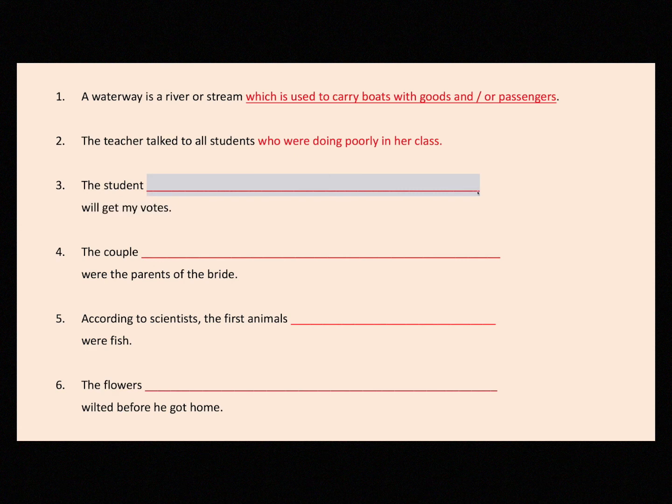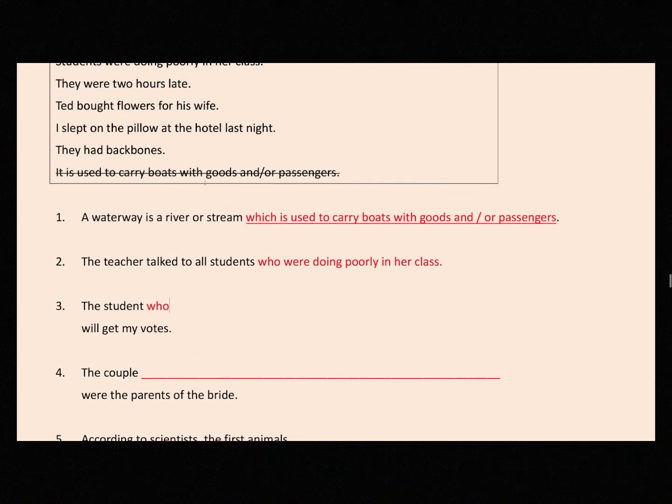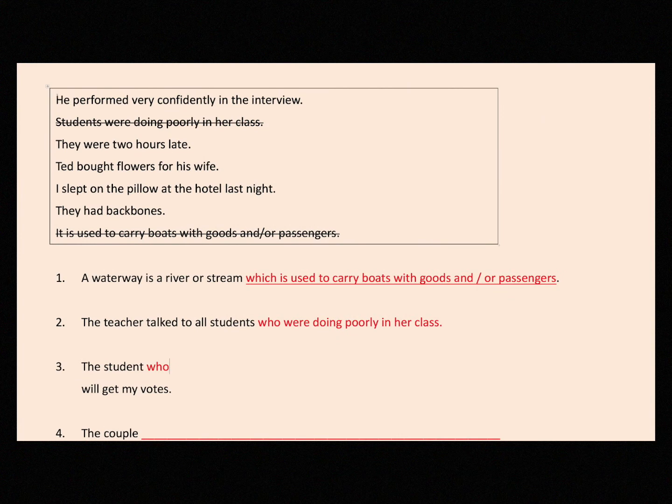We use who to refer to a person. So we say the student who, and because who is already taking the place of he, which is a student, we can delete the word he.